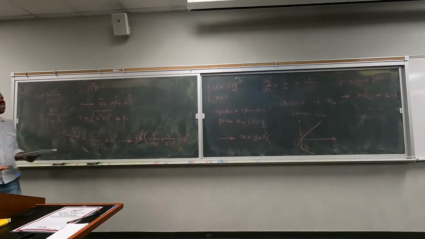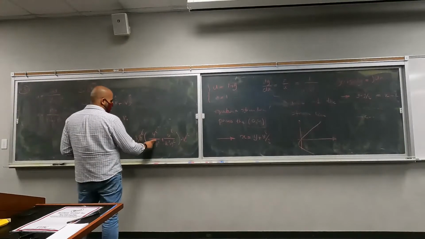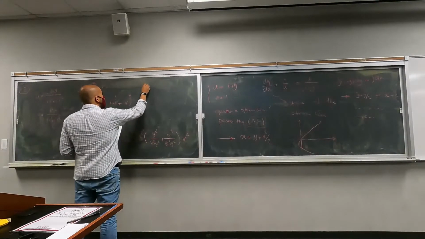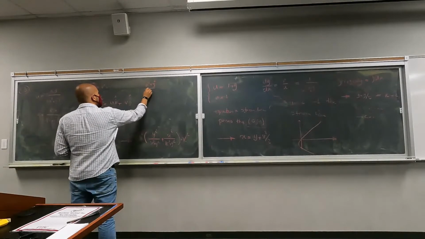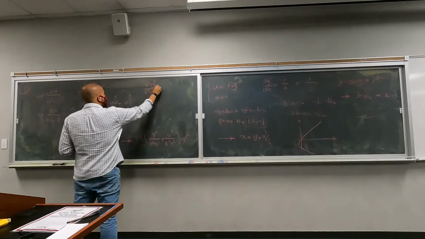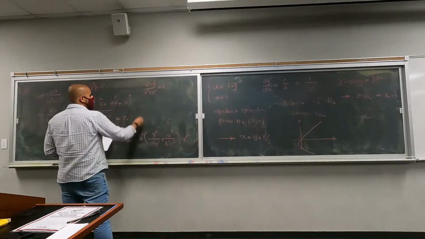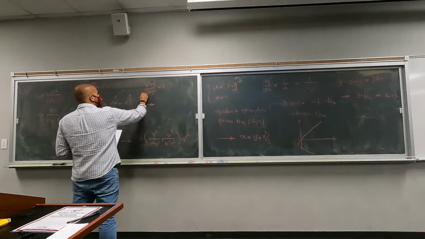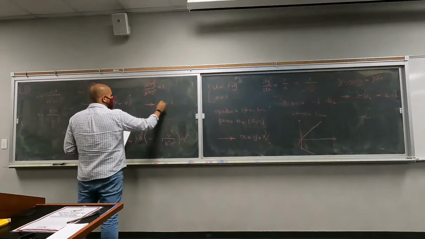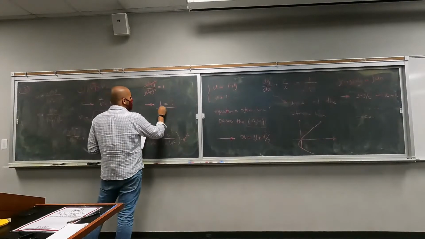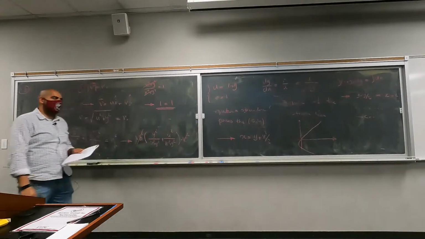We can actually add these two ratios. We're going to get x squared plus y squared divided by x squared plus y squared equals 1. And they will cancel out, and eventually we conclude 1 equals 1.